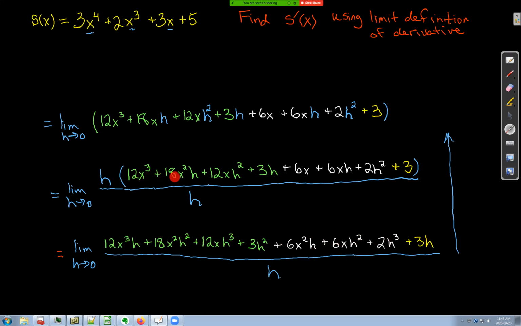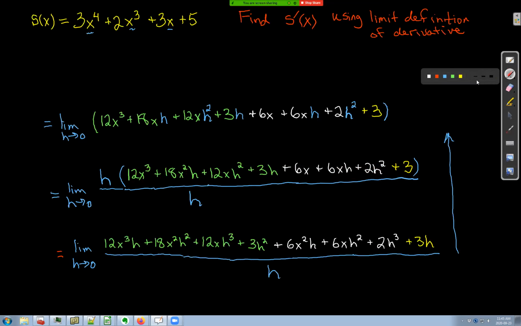When we factor an h out of this term, it's just going to be 12x cubed. When we factor an h out of this term, it's going to be 18x squared times an h, because there were two h's, but we factored one of them out. So when you factor an h out of the numerator, this is the expression you get.